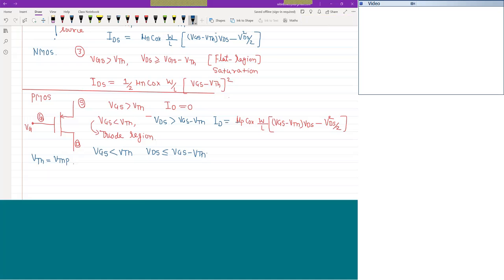So what I can say, the value of current ID will be 1 by 2 mu P into COX W by L. This is very important design parameter, the width by length ratio, है ना, this is important factor in transistor scaling.